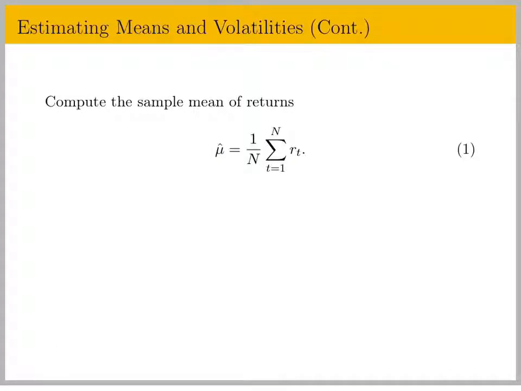So once we have that return series, so once we've computed the n returns from those n plus 1 prices, we can compute the sample mean by simply taking the average of the returns. Note that now, instead of a probability weighted average, we're just doing an equally weighted average.